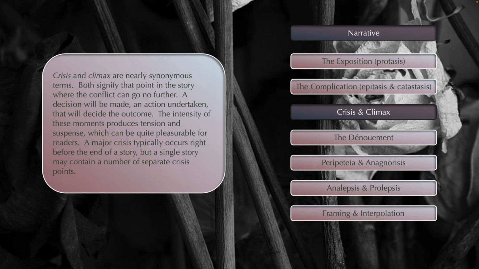The intensity of these moments produces tension and suspense, which is what most of us experience as pleasurable when we read a story or read a narrative or watch a play. A major crisis typically occurs right before the end of a story, but a single story may contain a number of separate crisis points.